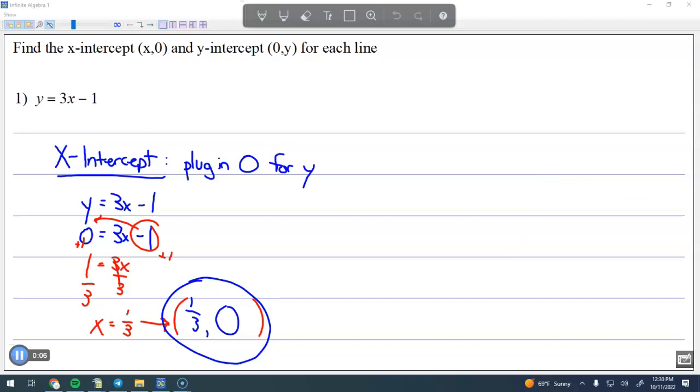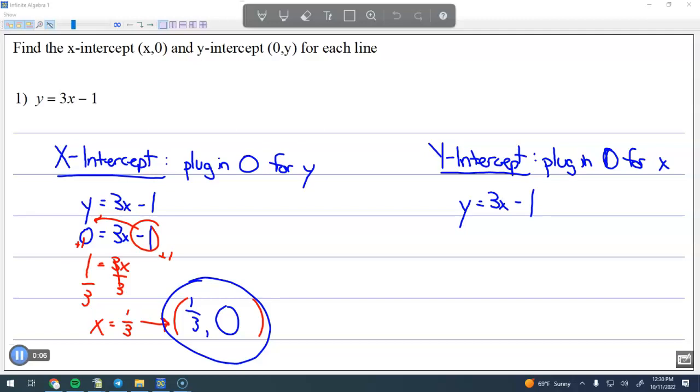So x-intercept: plug in 0 for y, solve it, and then write it as an ordered pair, or a coordinate. For the y-intercept, plug in 0 for x. So again, I've got my y equals 3x minus 1.